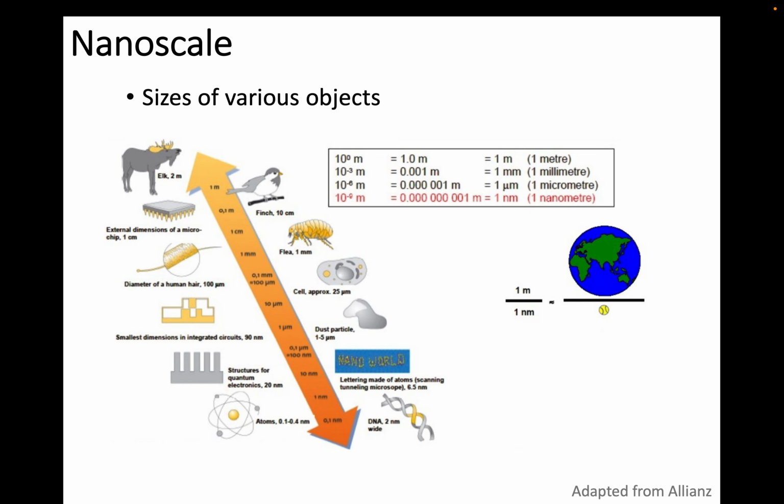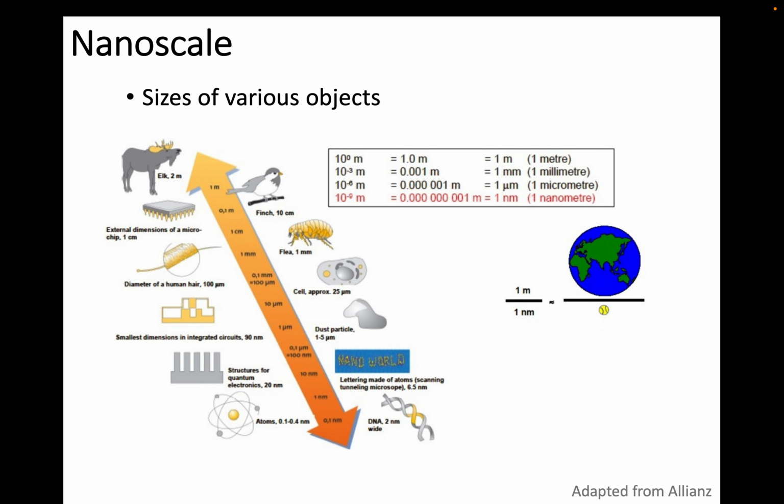Okay, so then, as we scale down, for example, this dust particle is still micrometer scale, 1 to 5 micrometer. And then state-of-the-art electronic devices or transistors currently use about 4 nanometer, right?